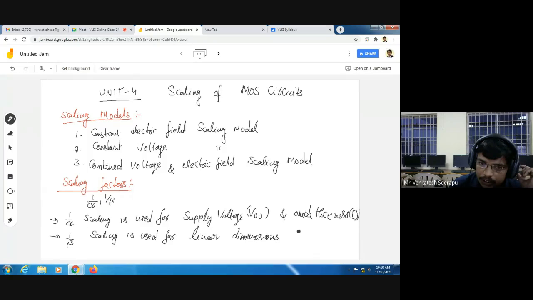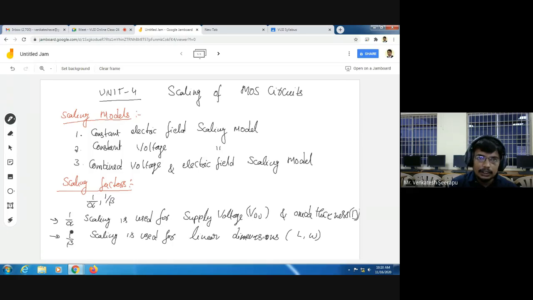Let us consider length and width. These are examples. Let us consider length of a transistor, it is a vertical dimension, and width is a horizontal dimension. Those are called linear dimensions. For these dimensions, we use a scaling factor of 1 by beta.